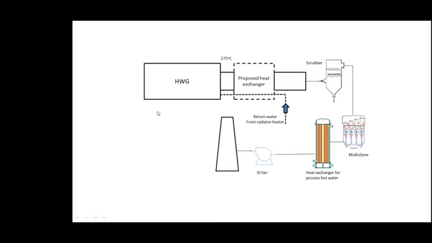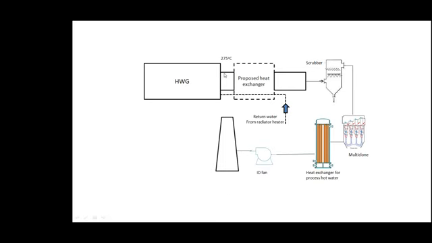This is basically the water circulation system. Water goes in, the sawdust is fired, and you get hot water at 120 degrees. Because it is pressurized, it still remains water at 120 degrees. This hot pressurized water at 120 degrees goes to the mosquito coil drying.